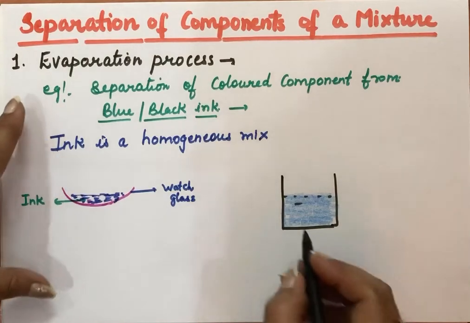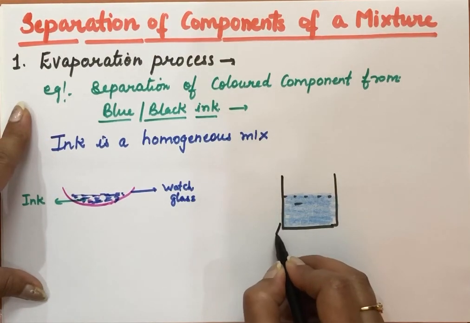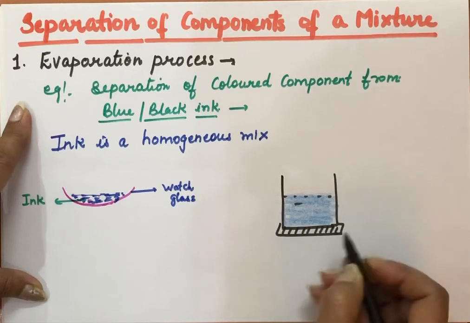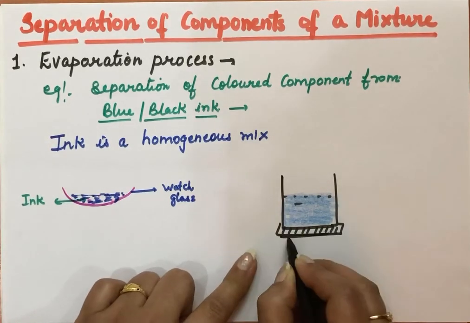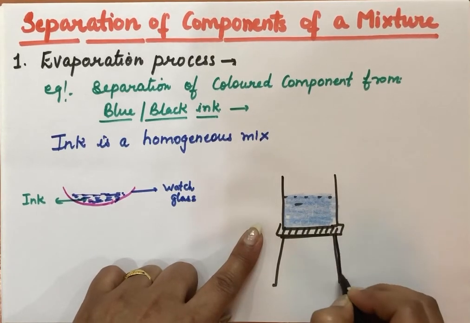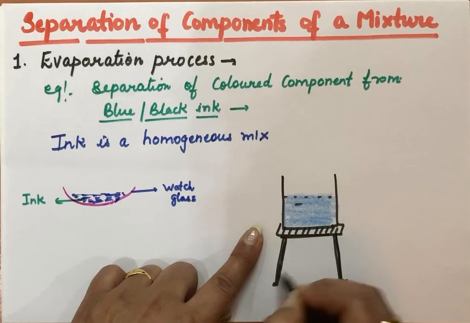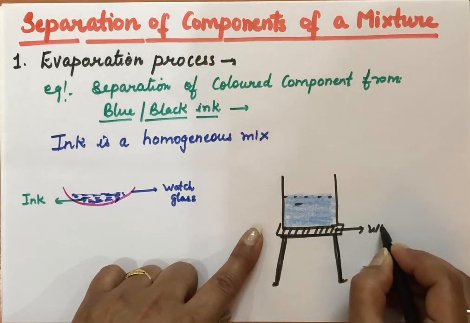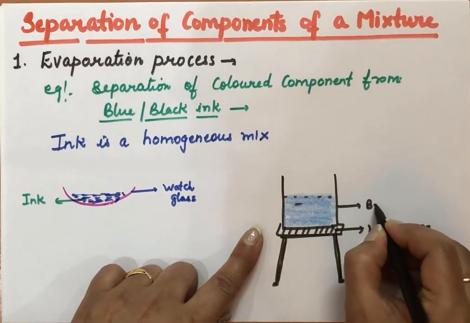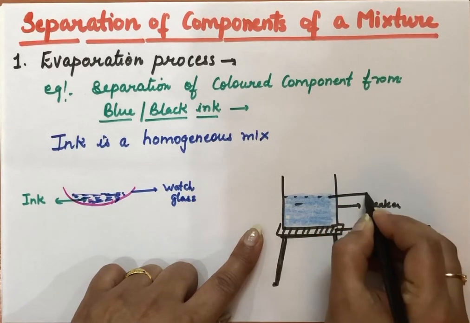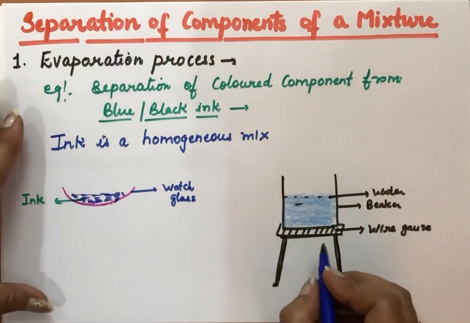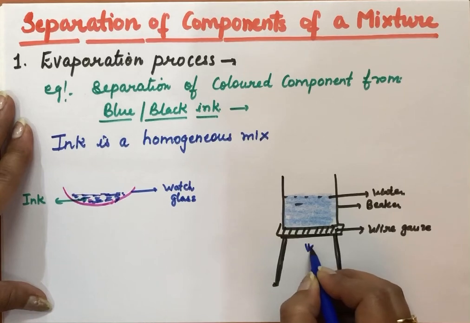So this whole thing we have to keep over a stand, a tripod stand we are using here. On the tripod stand, this is a mesh that we keep here, and then the beaker that has water in it, and we have to heat this using a burner.